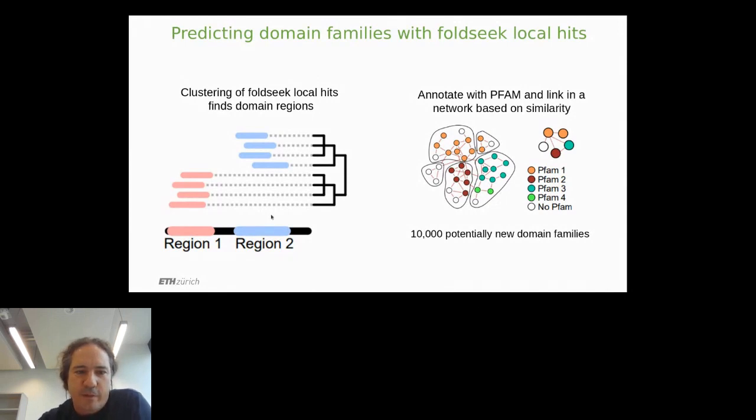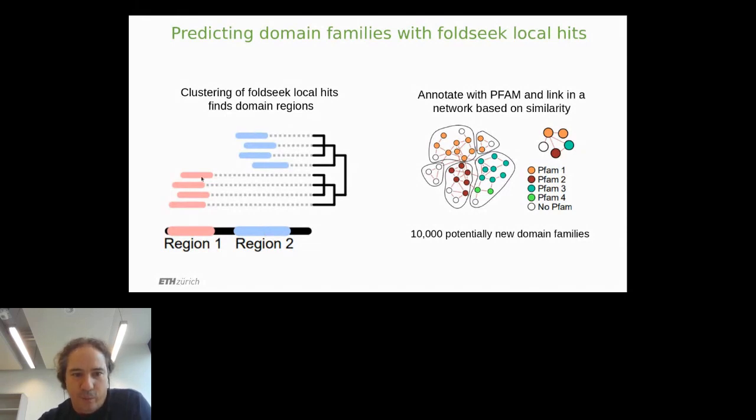We developed a very simple method that seems to be working quite efficiently. If we take a protein, like this protein shown here at the bottom, and structurally compare it with many other proteins, we find many of these local hits through fold-seq.